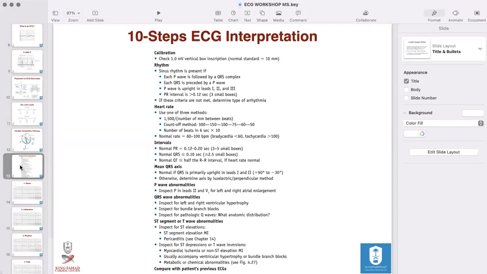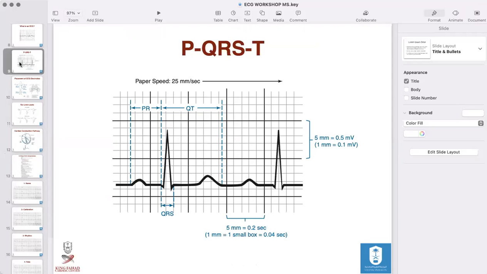I don't want you to remember the numbers, but I want you to understand how to calculate the QT and correct it with the heart rate. The corrected QT, QTc, is the QT over the square root of the RR, and that's where you get the corrected QT interval.